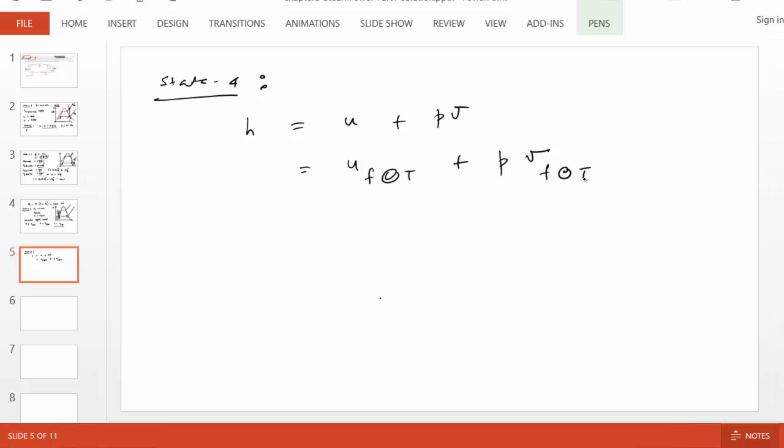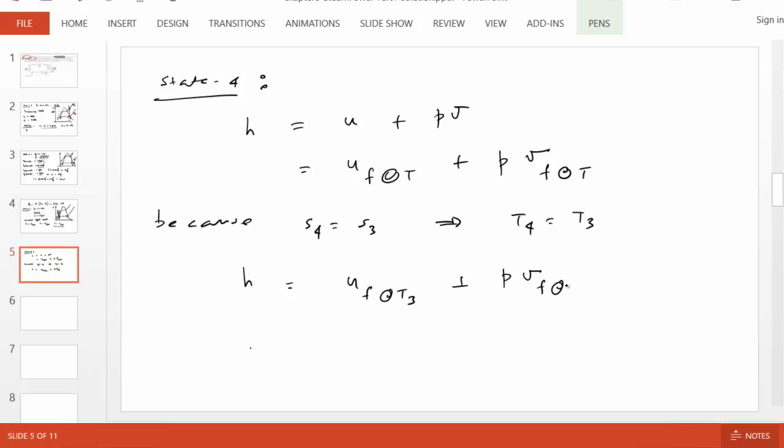And we know because entropy remains constant, that implies T4 equals T3. So therefore, enthalpy can be found from UF at T3, which we know, plus P VF at T3.